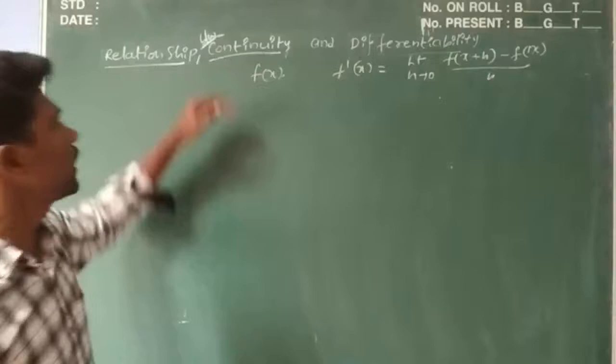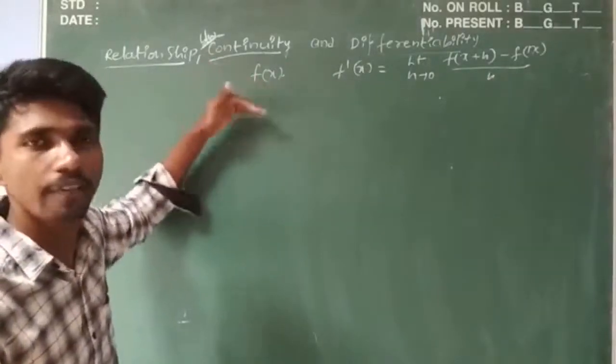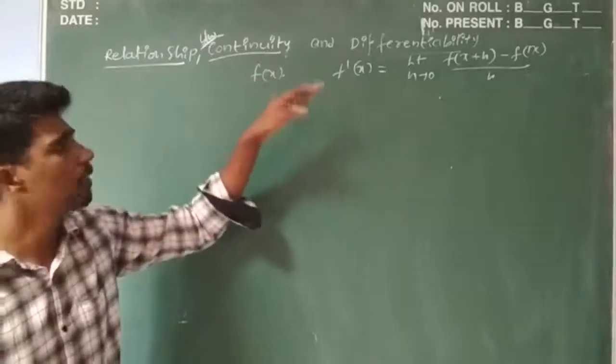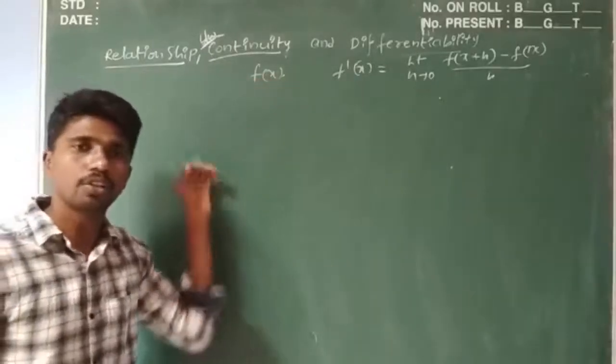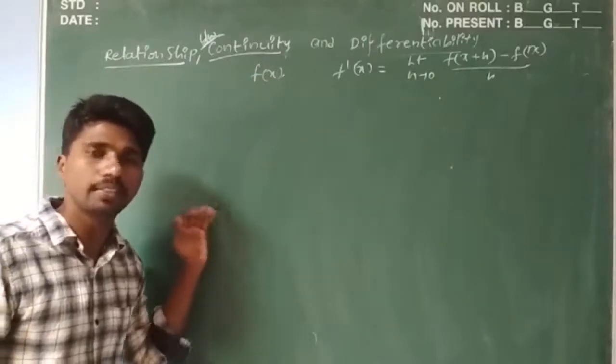Now the relation between continuity and differentiability is that if the function f is differentiable, then the function must be continuous. If the function is continuous, then only its differentiability exists.